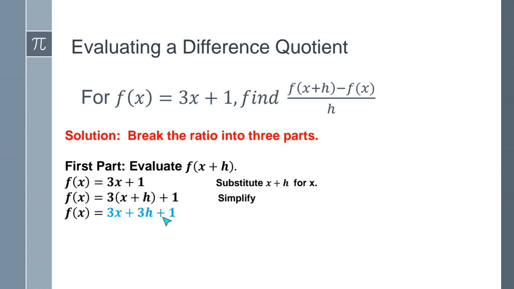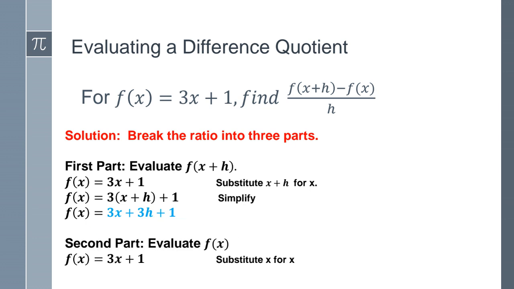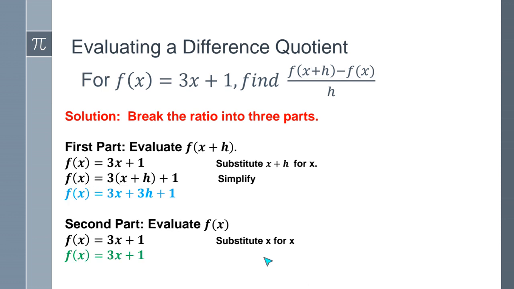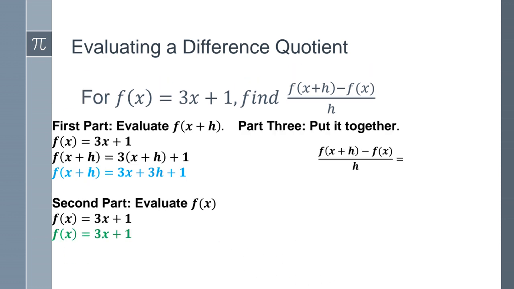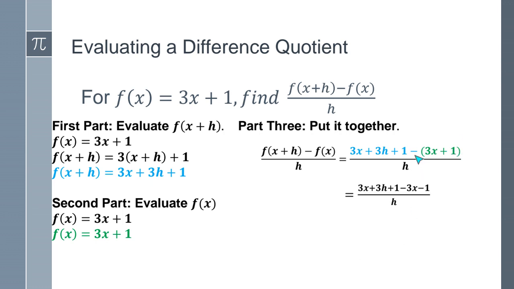And then the second part, f of x, is just going to be itself, 3x plus 1. Now we subtract them. So we have 3x plus 3h plus 1 minus 3x plus 1, divided by h. I'm going to distribute that negative, so we get negative 3x minus 1.